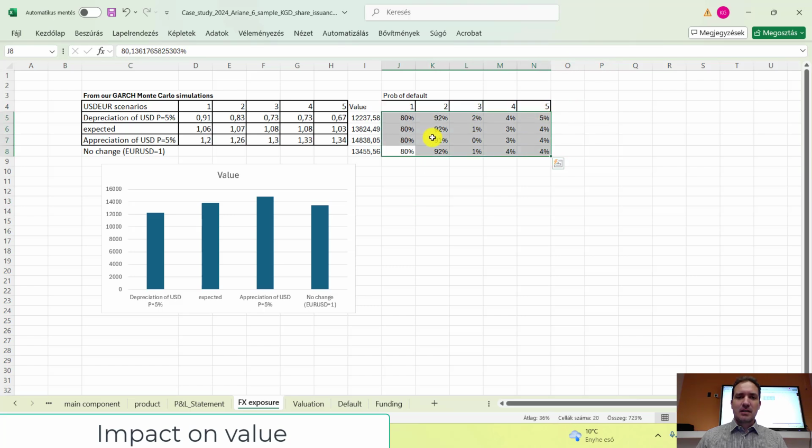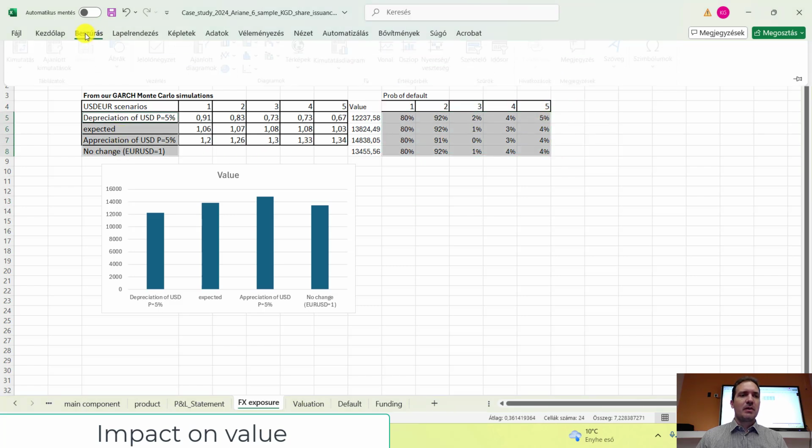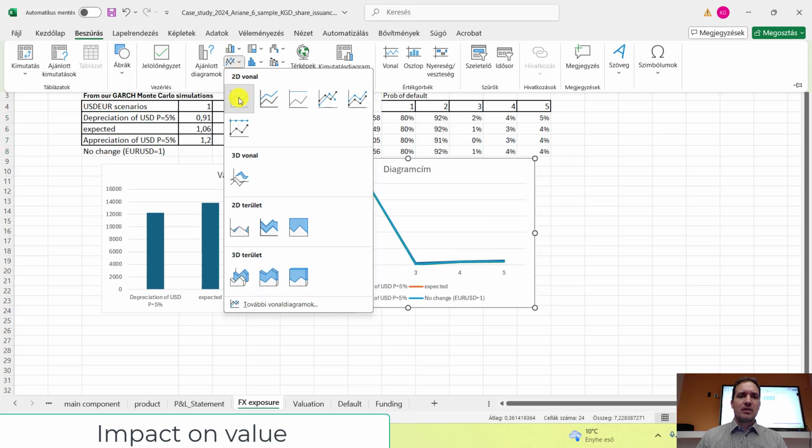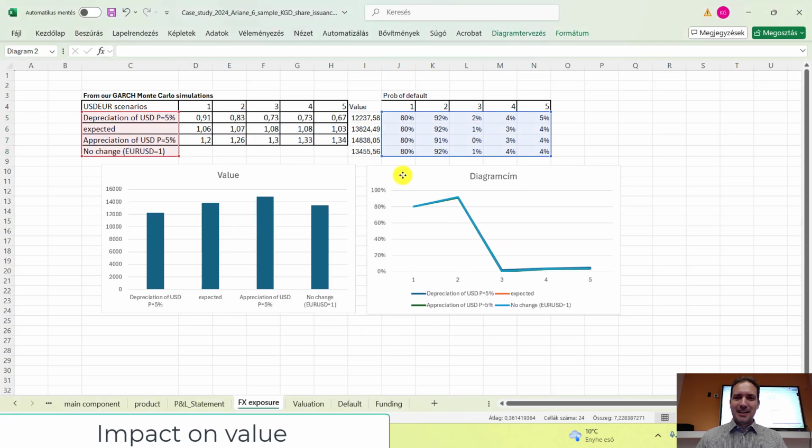If we are checking also probability of default, they are the same.